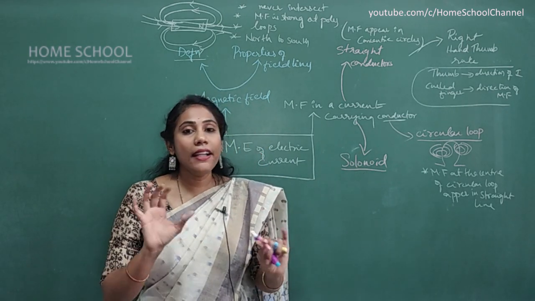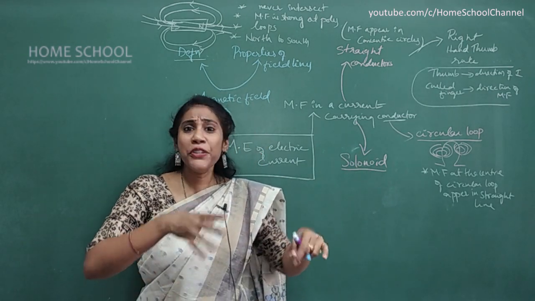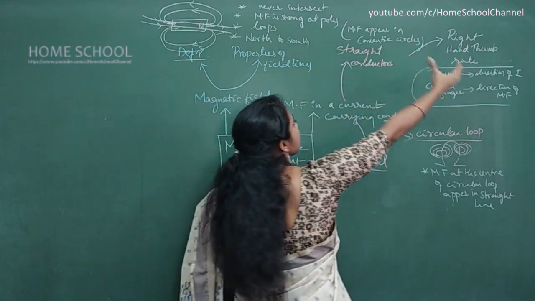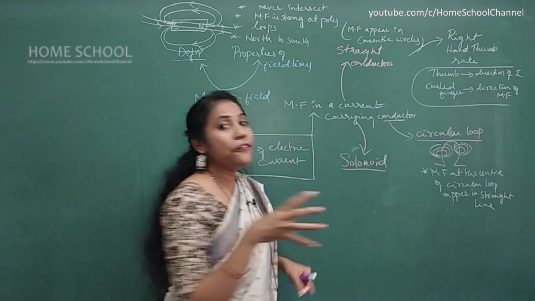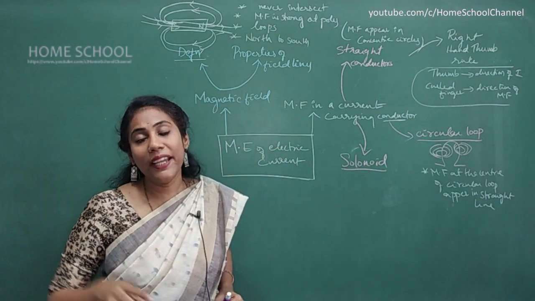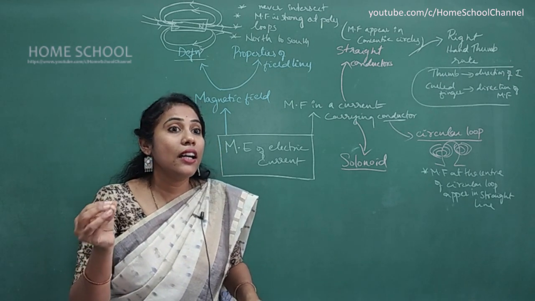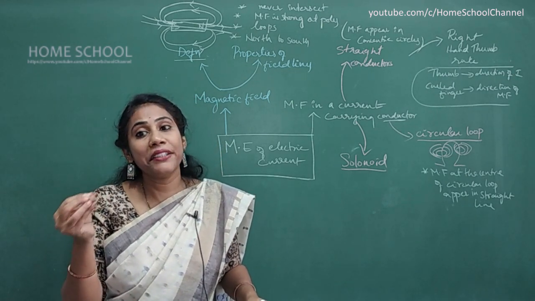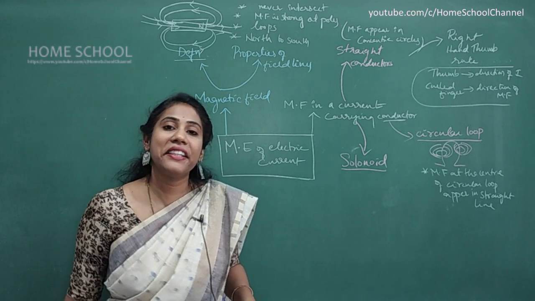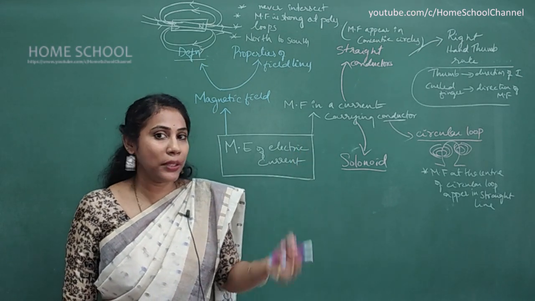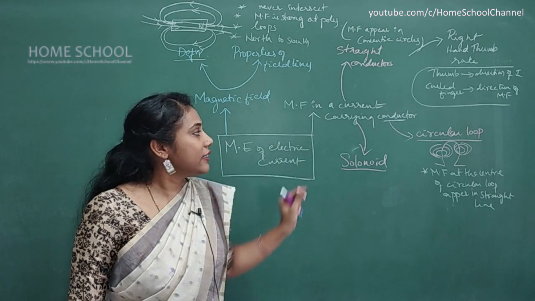And one more thing: as the distance from a conductor increases, the magnetic field strength decreases. So as the distance increases, the magnetic field experienced is always decreased. These are the various factors that you have to remember for all the three cases.